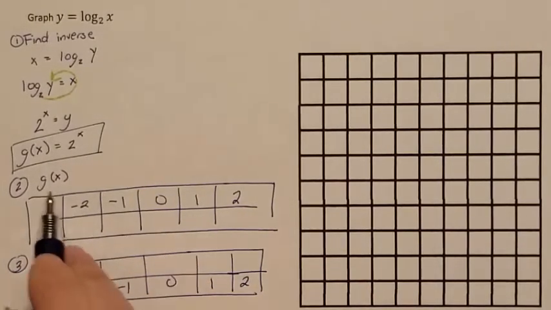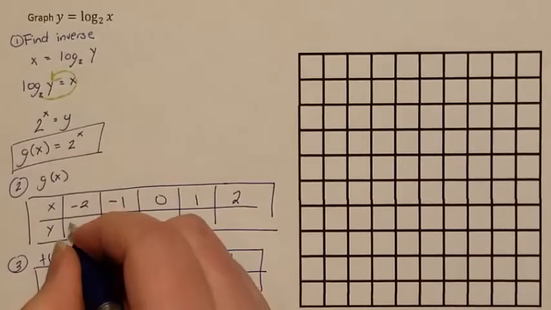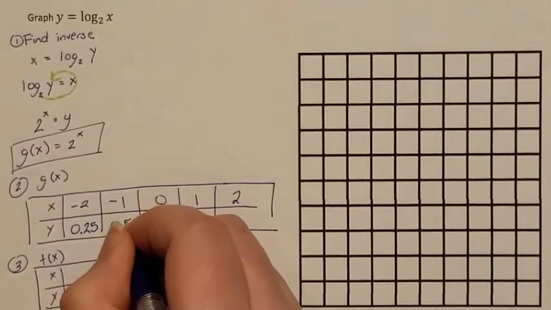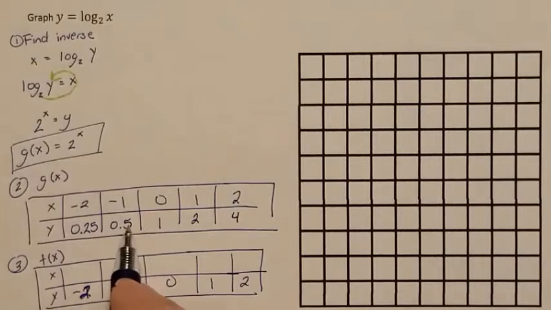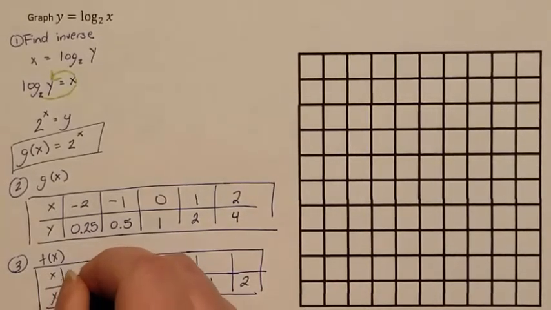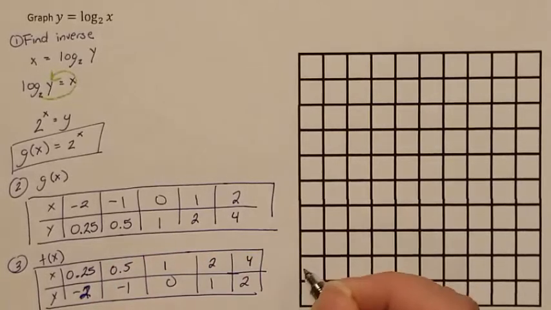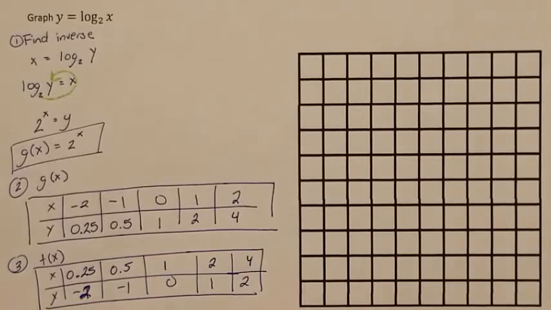So let's find g. Plugging these values into the g function, I end up getting, well, if that's the inverse's y's, that means they're the f's x's. So I'm going to write them as the x values. And now I just need to graph them.